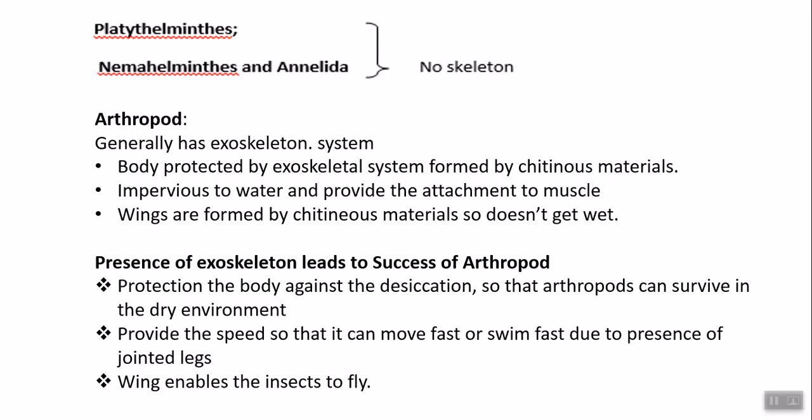Jointed legs actually help the animal to move through small creeps and holes, and also allow them to move much faster than solid legs. The wings enable the insects or these arthropods to fly in the air, so they can move from one place to another much faster.